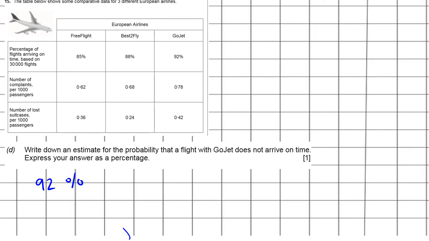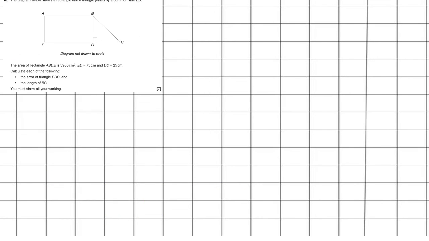So you know that 92% of flights arrive on time. So therefore 8% do not.